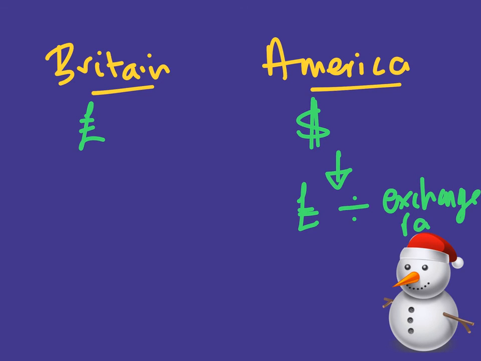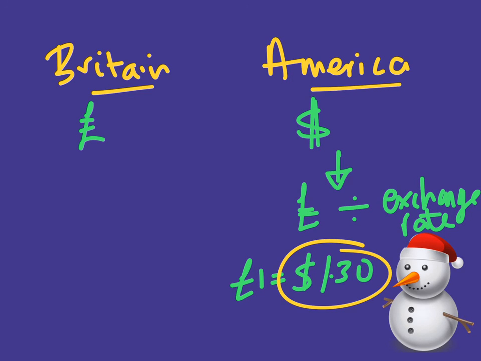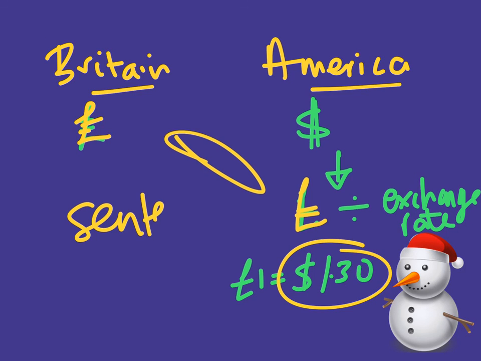Okay, and the exchange rate, it tells you in the question, £1 is equal to $1.30. So if I divide by the £1.30, I'll get this answer in pounds. I've got the British one already in pounds. I'll be able to compare these two, and guess what? We need a sentence to describe the answer.